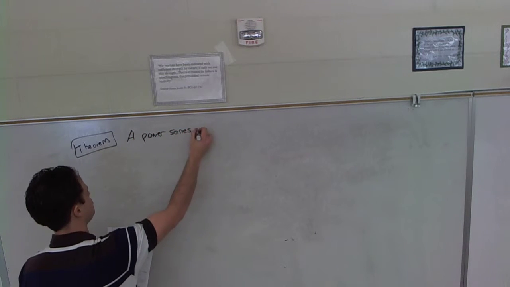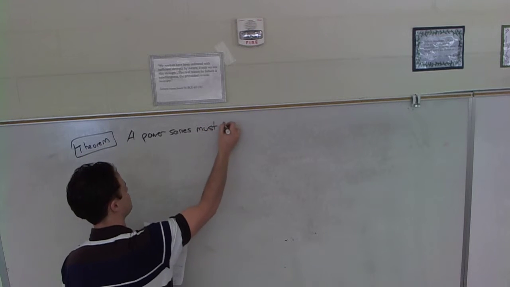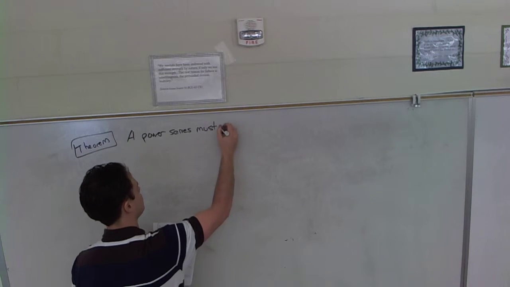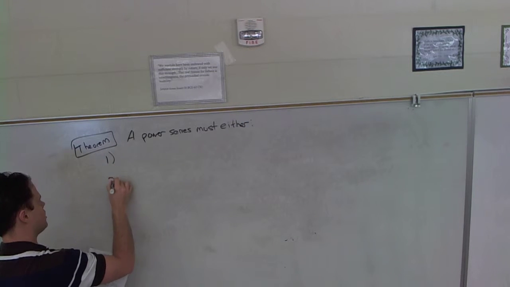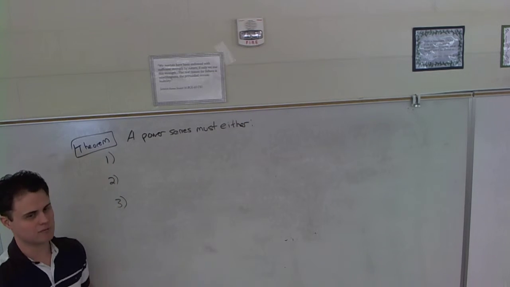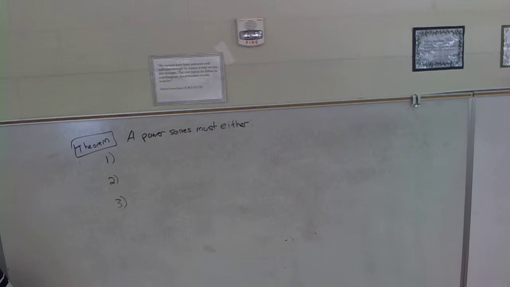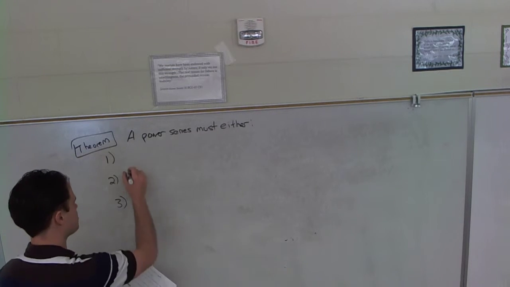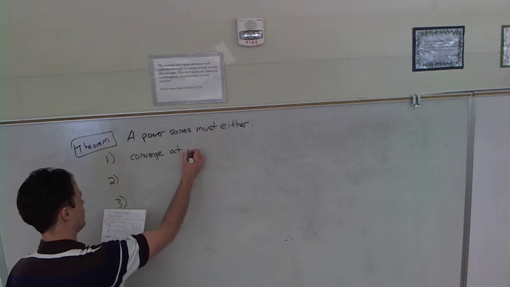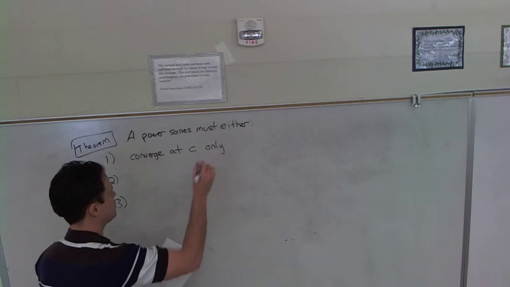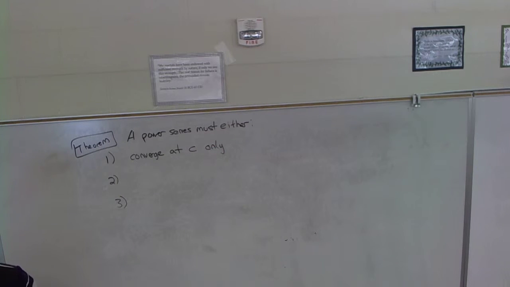A power series must do one of these things. So in all cases, no matter what power series you have, it has to do one of these things. So a power series can either converge at c only, which means it only converges at its center.